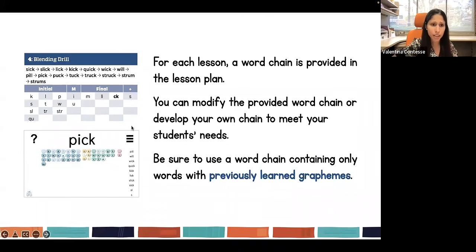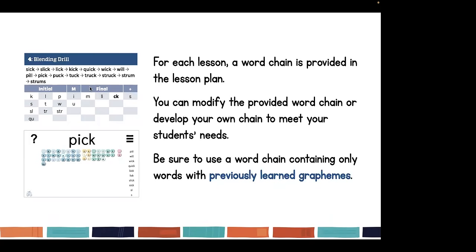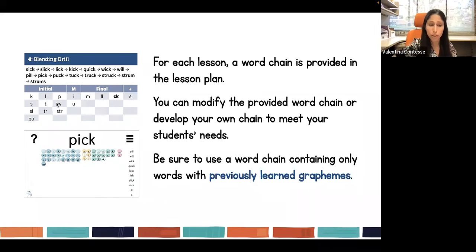Another key component of these word chains is that you'll notice here on the left, underneath the word chain, there's a grid that will help you set up your Blending Board app. What you'll notice here is in the final placement, CK is bolded. CK is bolded because that was the concept that was taught prior to this current lesson. And so that concept is very important to review because students have very recently learned it.